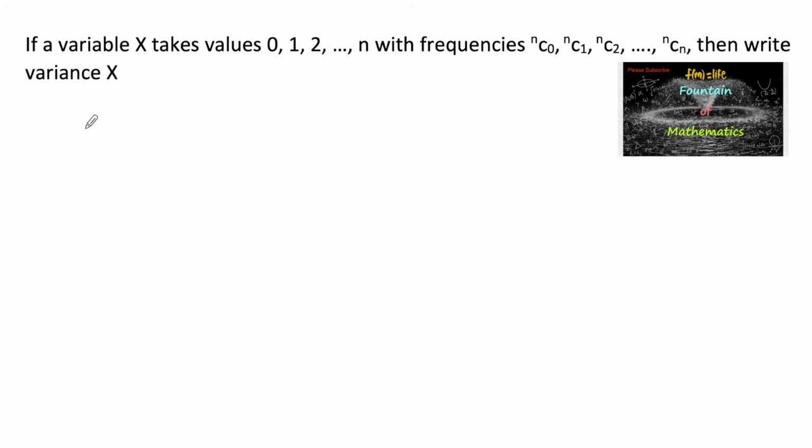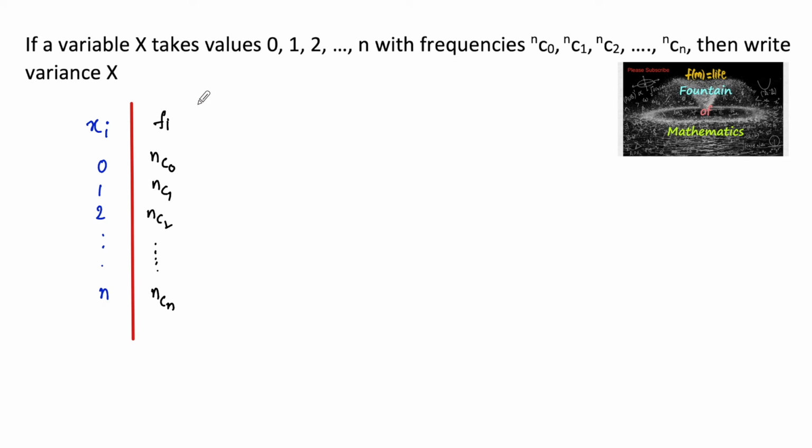So given the observations 0, 1, 2 and so on to n, and the frequencies being the binomial coefficients nC0, nC1, nC2 and so on up to nCn, we need to find the variance.